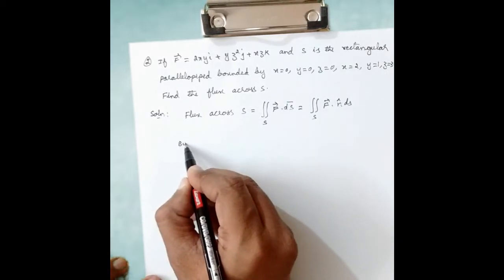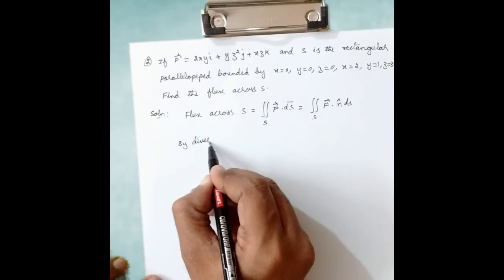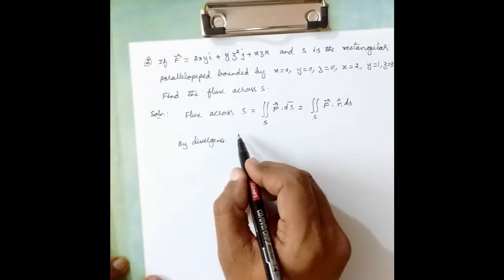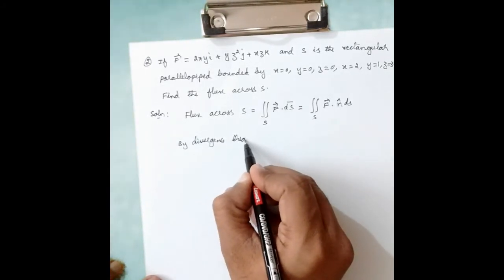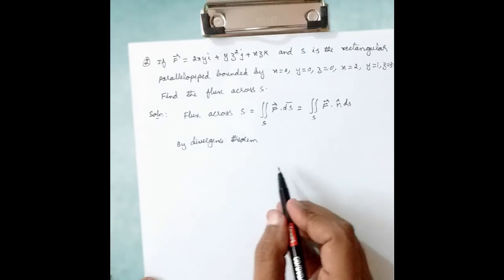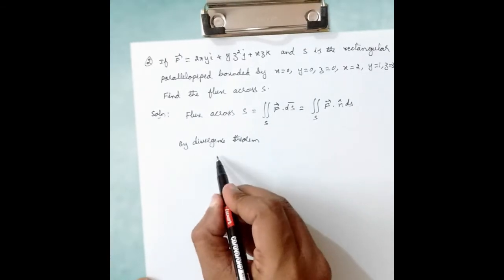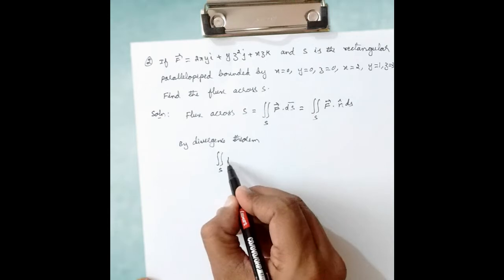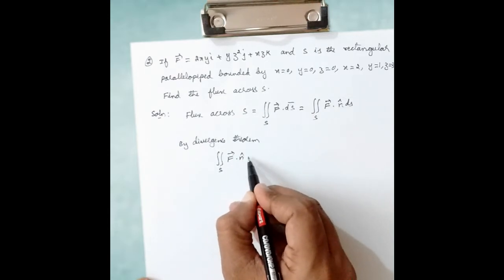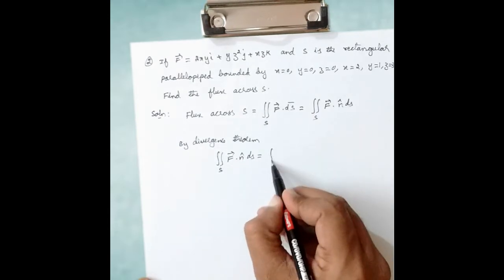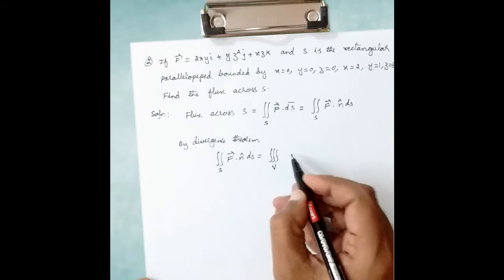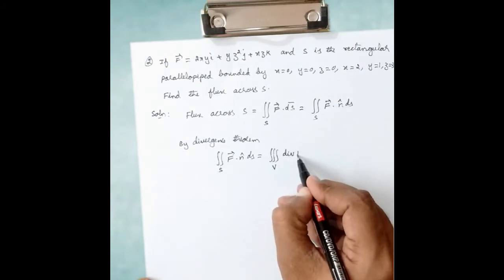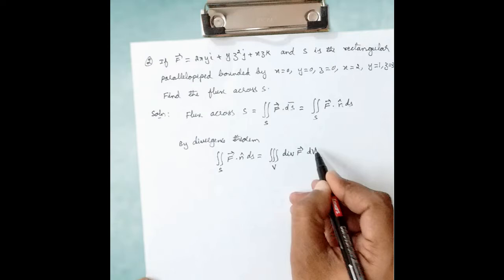So from the divergence theorem, we know that the double integral over the surface S of vector f dot n cap into ds is nothing but the triple integral over the volume V of divergence of vector f into dv.